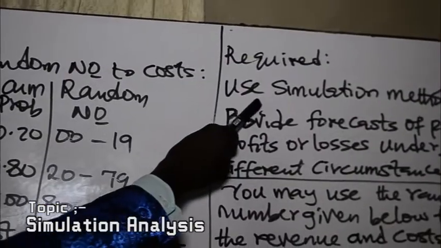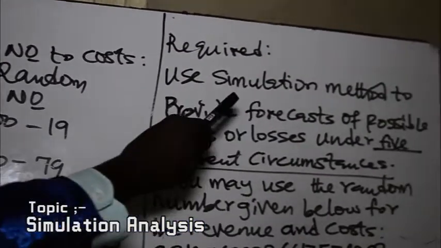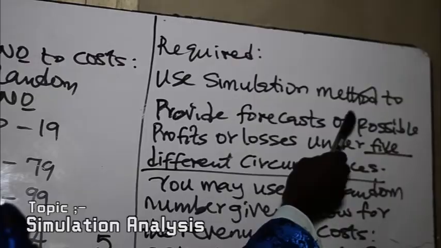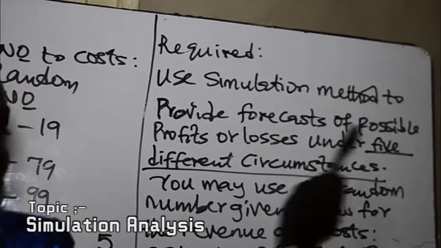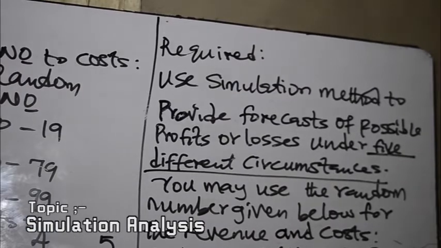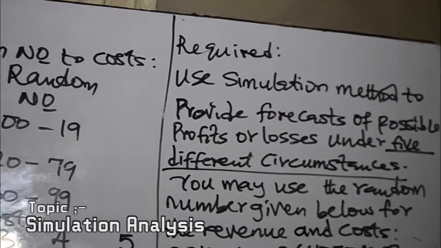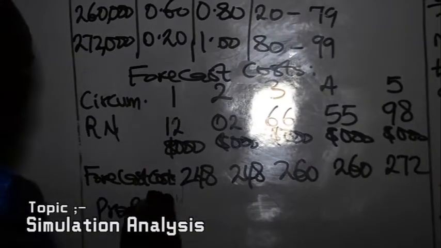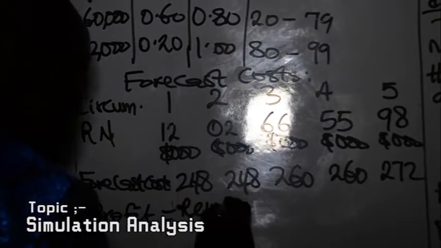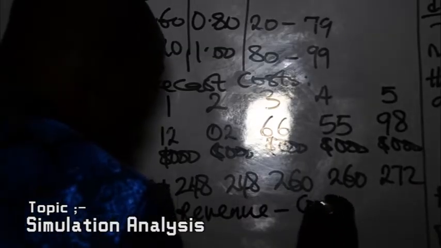Now, having done that, you go back to the requirement. You are to use the simulation method to provide forecasts of possible profits or losses under 5 different circumstances. So remember, profit is equal to revenue minus cost.